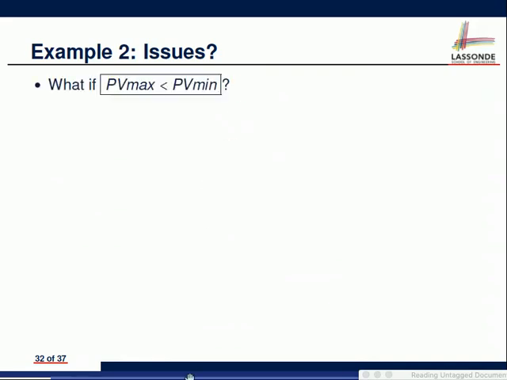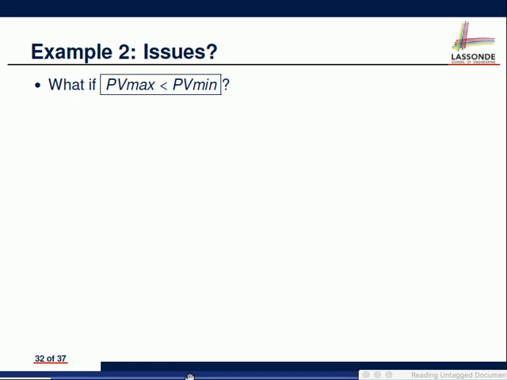Did they say the maximum must be strictly larger than the minimum? Did they document it somewhere? You would think that's the case, right? They said nothing about it in the program. Did they ever check? They didn't say, for example, that if PV max is not larger than PV min, it throws an exception.